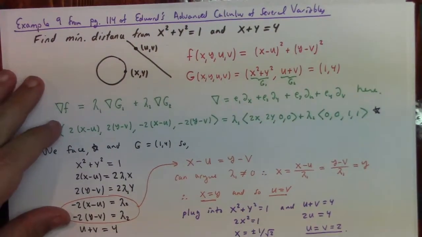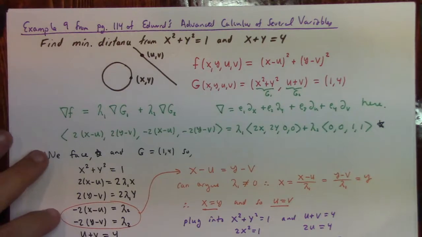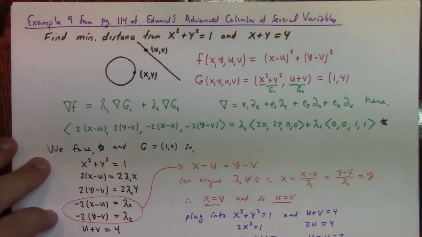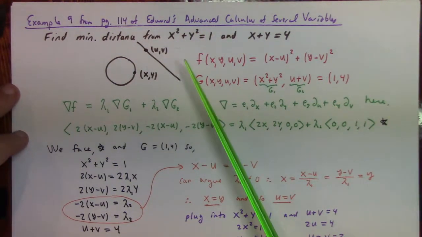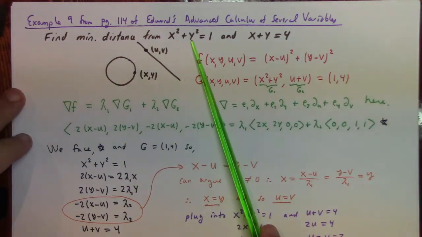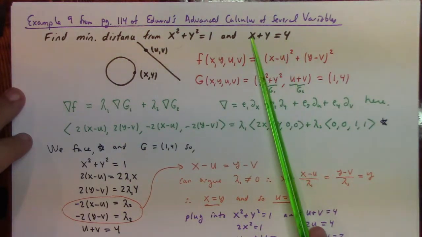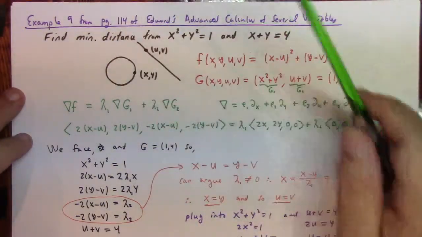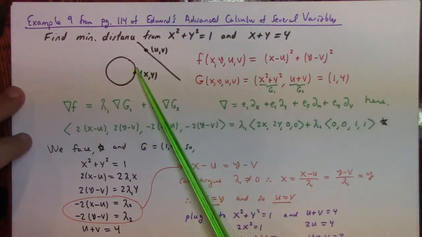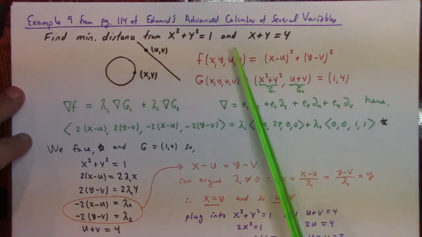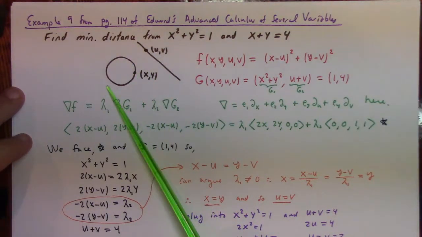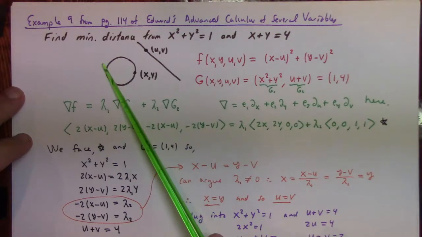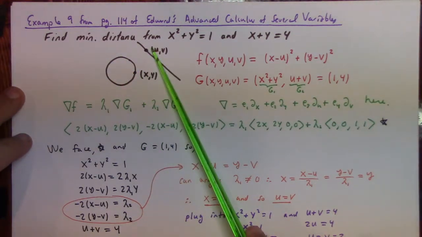This is actually example 9 from Edwards Advanced Calculus. I just thought it'd be good to show you guys this. So here's the deal. We're supposed to find the minimum distance between x squared plus y squared equals 1 and x plus y equals 4. This is a problem you probably were not assigned in Calculus 3, because there they typically give you a point and say find the closest point on the curve to that given point.